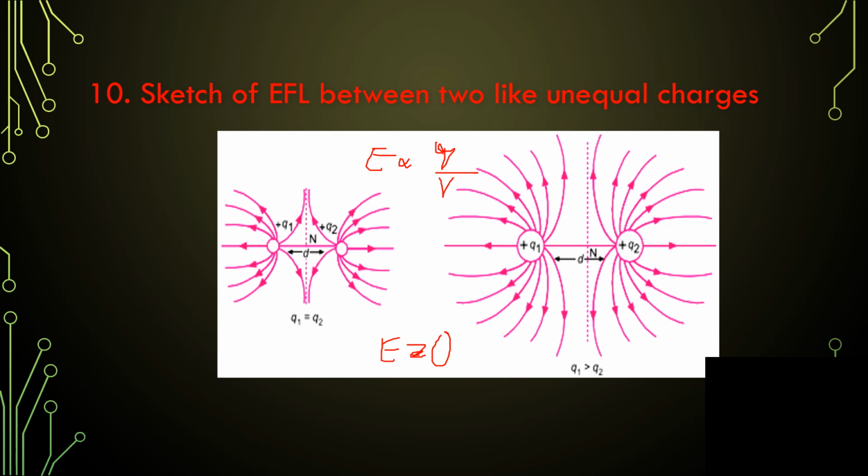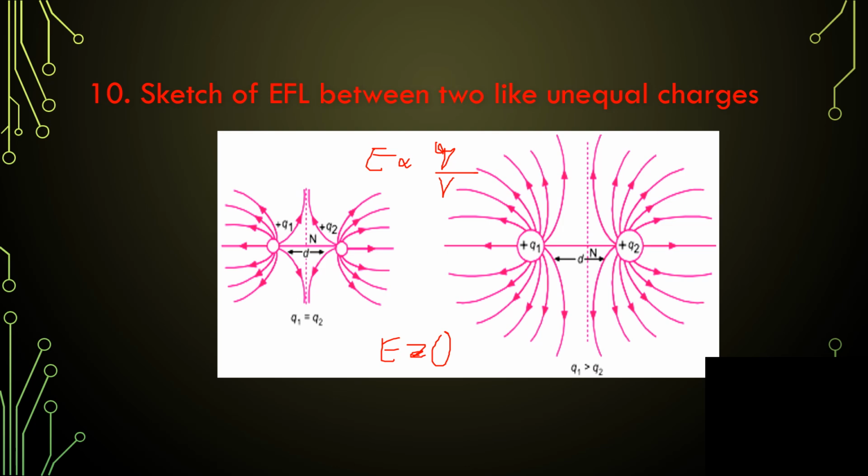Since the charge is not equal, if the charge is greater, the distance must be greater so that the ratio remains the same. Is it clear, student? Greater the charge, greater is the distance. Therefore, E1 and E2 are equal means Q1 by R1 must be equal to Q2 by R2.